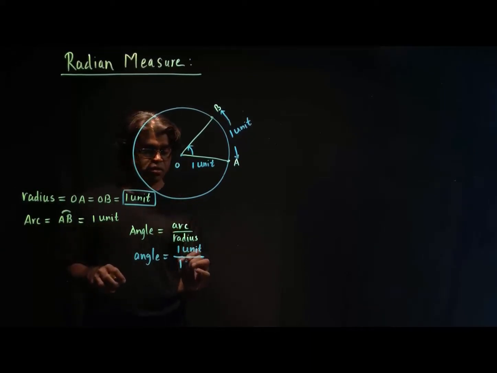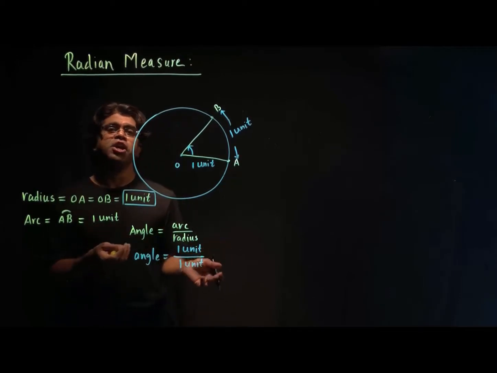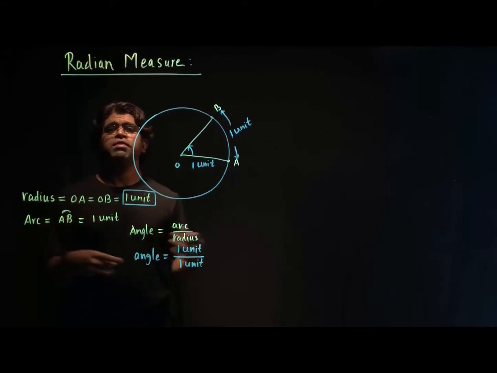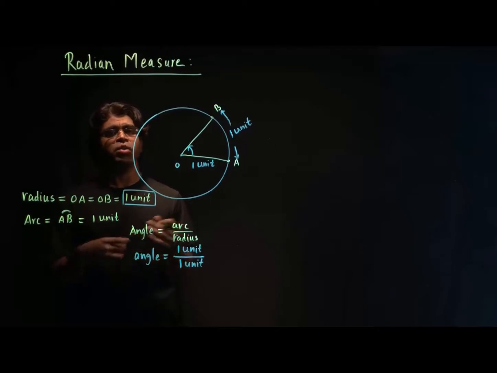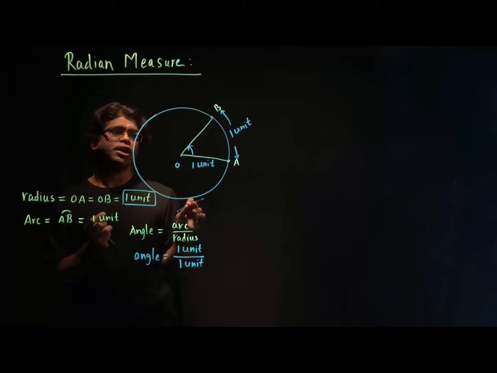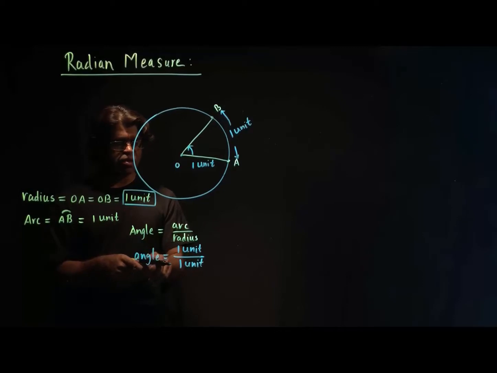Radius is also 1 unit. When I say 1 unit, I mean it can be 1 centimeter, 1 millimeter, or even 1 kilometer, depending on what unit you are considering. But you have to consider the same unit for the radius as well as the arc. So my angle is equal to 1 unit over 1 unit.